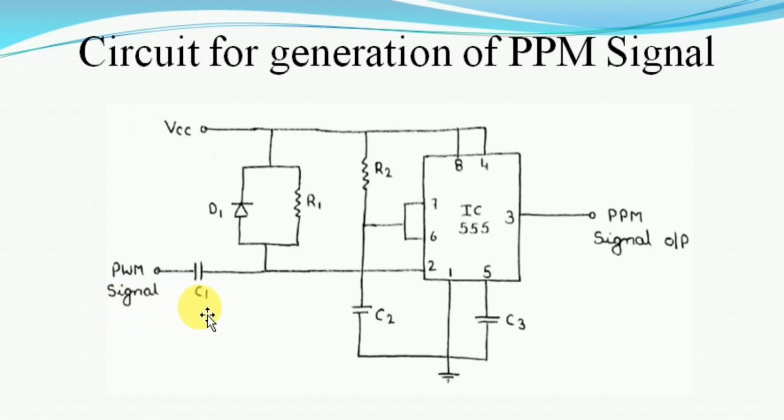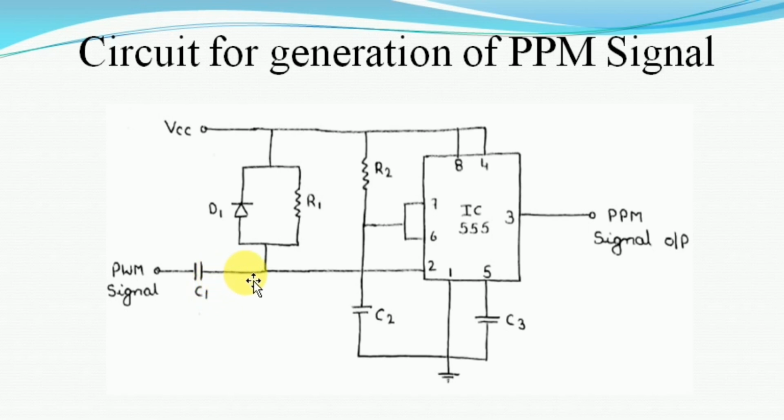As we know, the capacitor does not allow a sudden change in voltage. So whenever this sudden change in voltage is applied to the capacitor, the output of the capacitor will have both positive spikes and negative spikes.